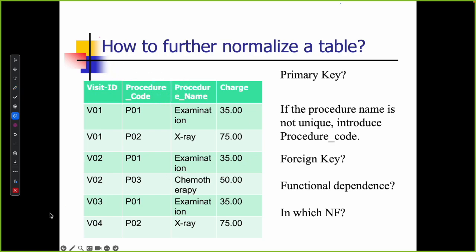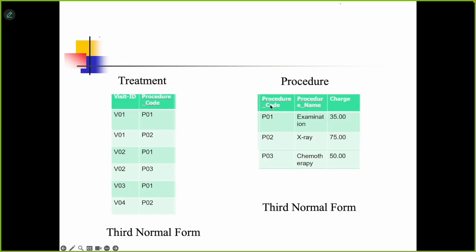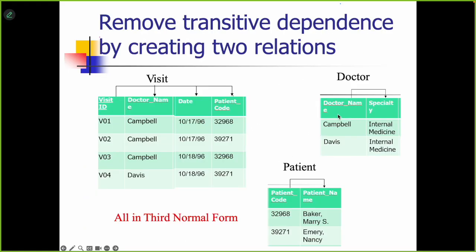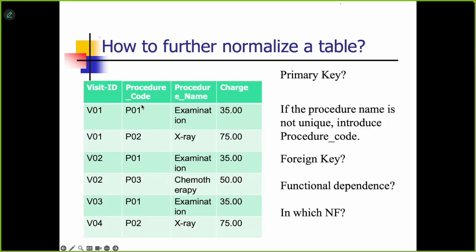If any other columns also appear as the primary key in another table, like for example, in the procedure table we have procedure code, procedure name, and charge, and procedure code is the primary key there, then it would be a foreign key. But after normalization we only have visit, doctor, and patient, right? So we do not have a procedure table right now, so procedure code is not a foreign key here. The foreign key here is visit ID.